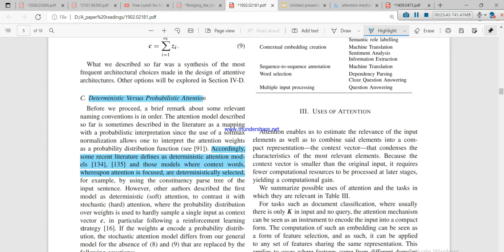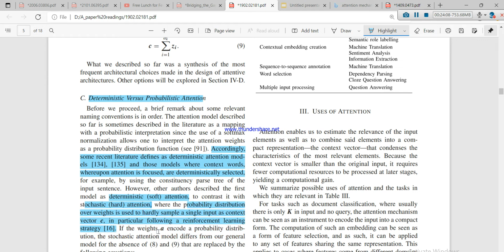However, other authors describe the first model as deterministic, meaning soft, to contrast it with stochastic attention, where the probabilistic distribution over weights is used to hardly sample a single input as context vector C, in particular following a reinforcement learning strategy.